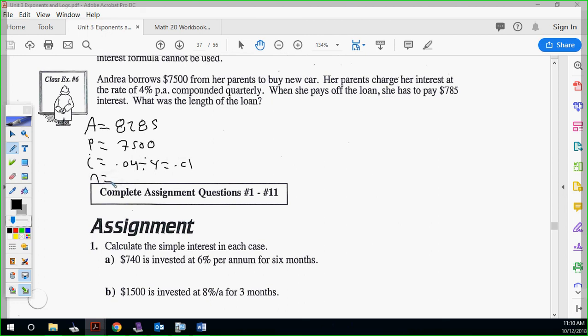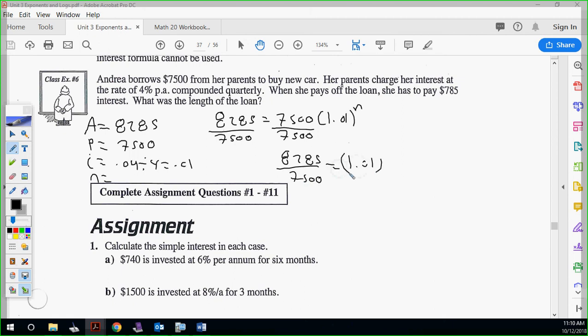So here we go. We have 8285 equals 7,500 times 1.01 to the n. Divide the 7,500 over. We just leave it in there, because what we're going to do is take the log again.